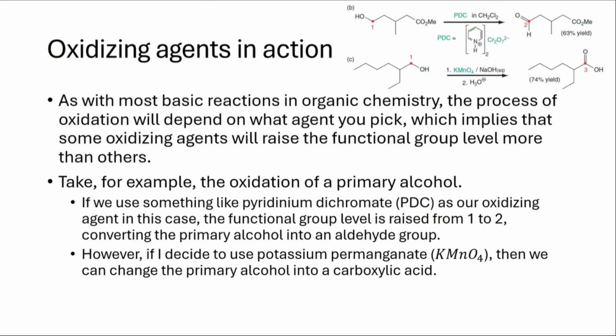If we use something like pyridinium dichromate, PDC, we'll raise the functional group level from 1, the alcohol level, to 2, and we get an aldehyde. But if we use something like potassium permanganate, then in the end we will get a carboxylic acid, which raises the functional group level from 1 to 3. This just goes to show how some oxidizing agents can be harsher than others.